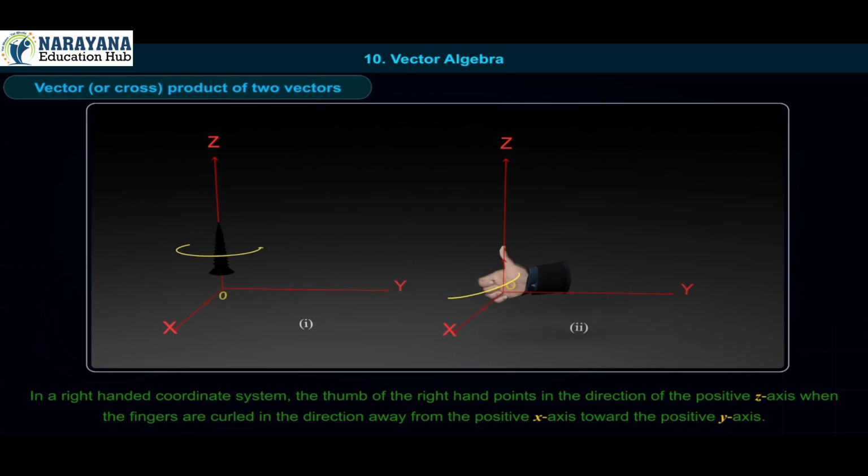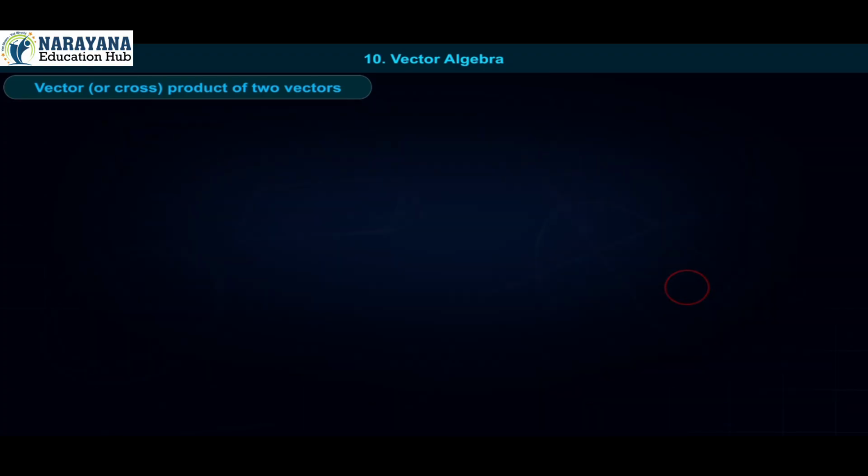In a right-handed coordinate system, the thumb of the right hand points in the direction of the positive z-axis when the fingers are curled in the direction away from the positive x-axis toward the positive y-axis.